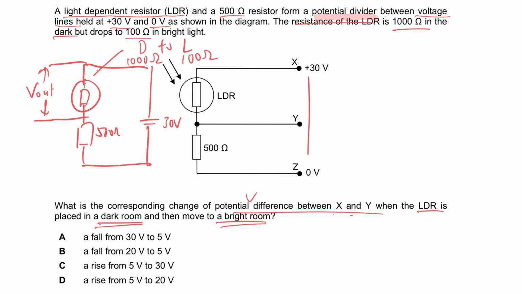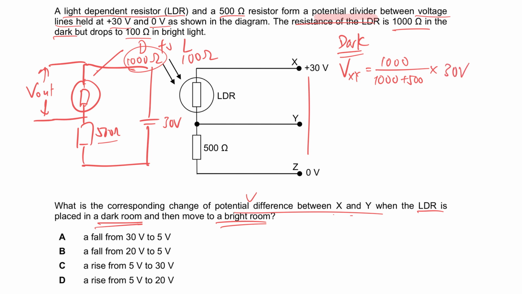So let's do the calculation. Let's assume it's in the dark, so the V out, or the V across your XY, they are similar. Do you remember the potential divider formula? Right now it is 1000 over the total, you're going to sum these two total units together: 1000 plus 500, so that will be 1500 at the denominator, times the EMF 30 volt.